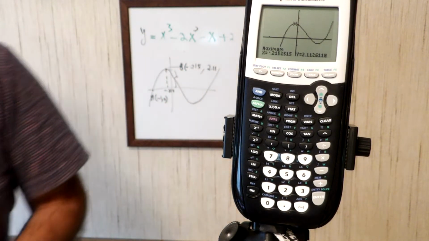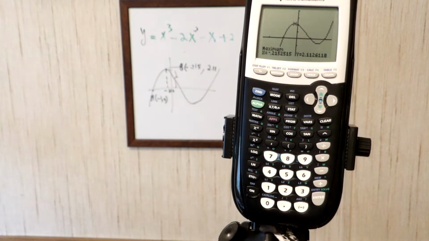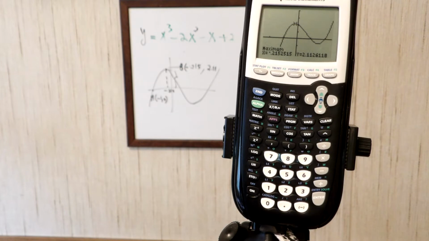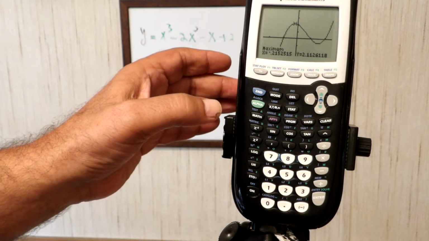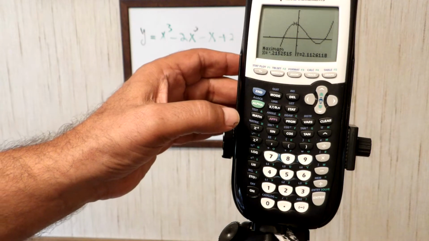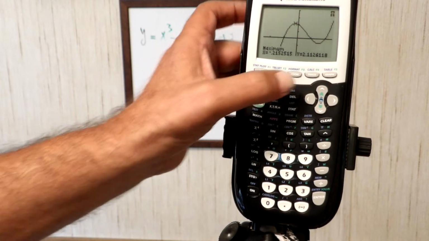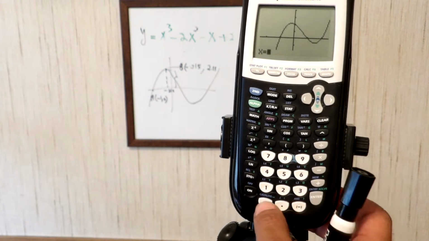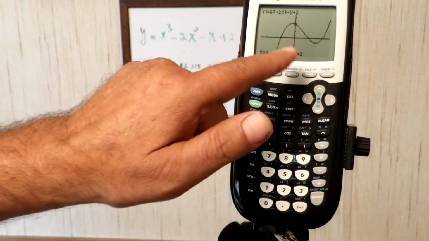And then you go through this one here. You can say, like, x of 0, and then it's going to be y of 2.